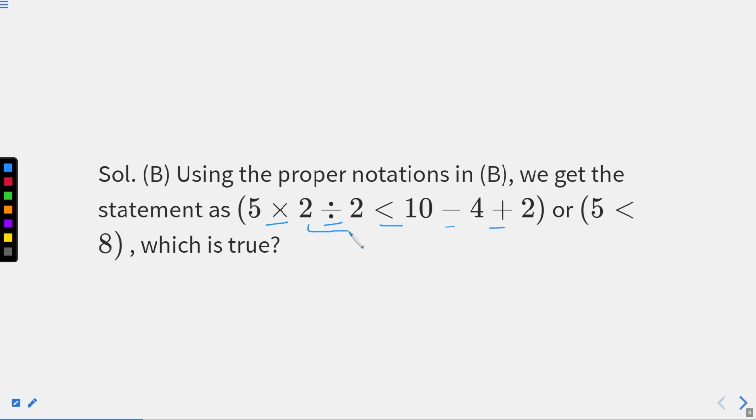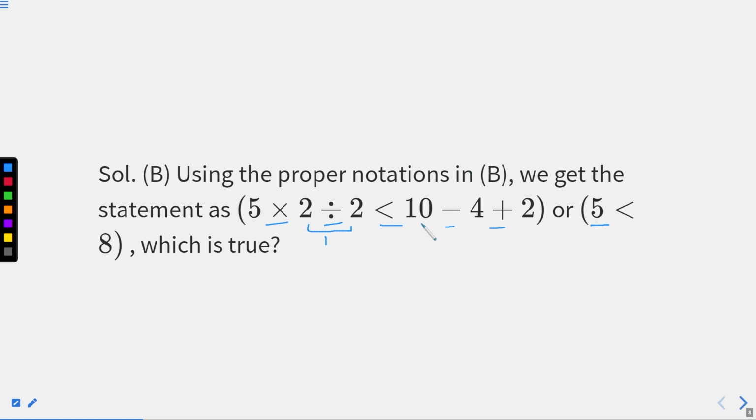If we divide 2 by 2, we get 1, and then if we multiply it by 5, we eventually get 5. So here we're getting 5, right? And solving the second part of the equation, as per BODMAS, we are using the division part or the subtraction part, right? In this case, when it comes to division or subtraction, you are not supposed to worry that much, right?